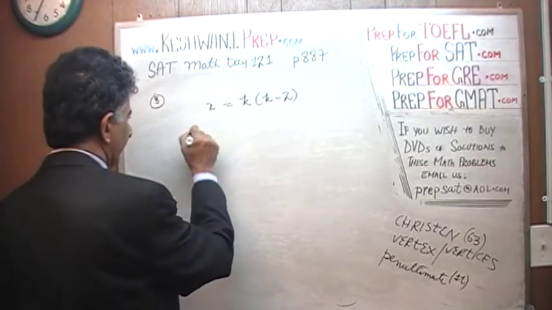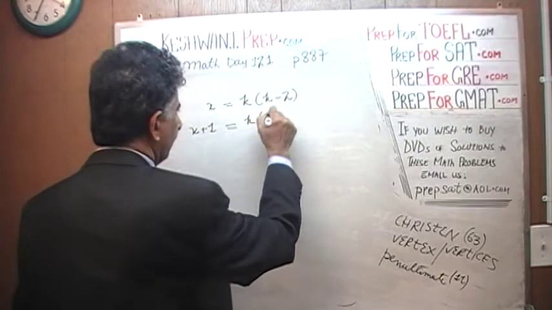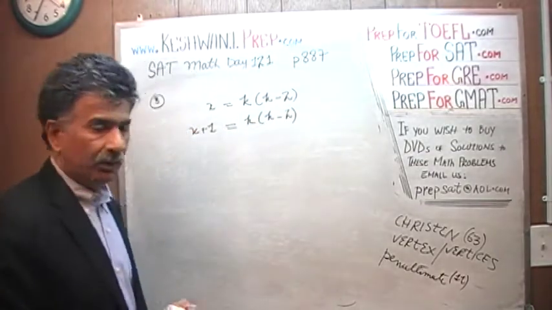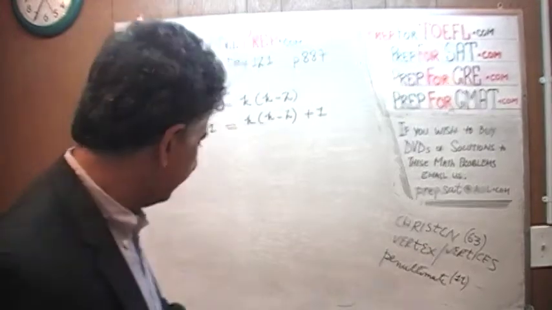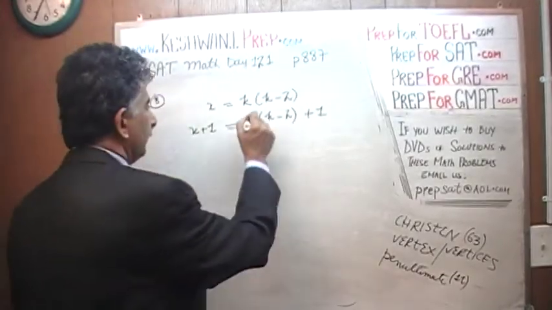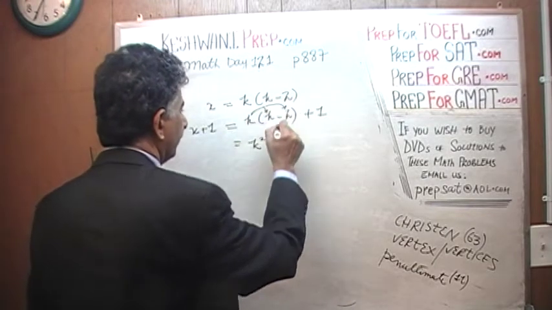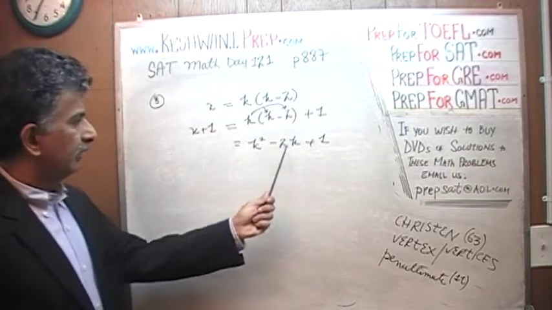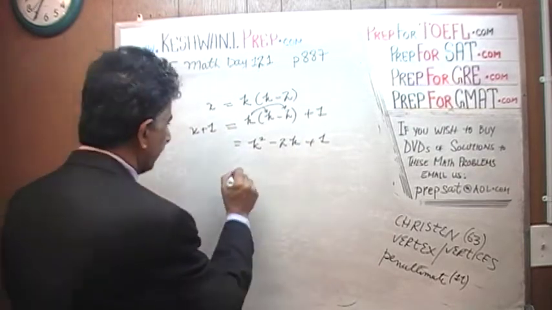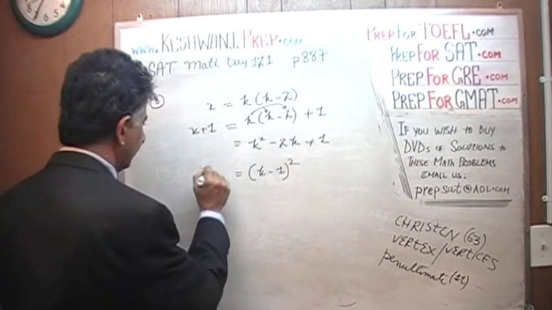So this is x. If we add 1 to this side, we must add 1 to the other side. Now all we have to do is simplify it. So we get k times k, which is k squared, minus 2k plus 1. K squared minus 2k plus 1 can also be written as k minus 1 whole squared. And that's our answer. That's what x plus 1 is.